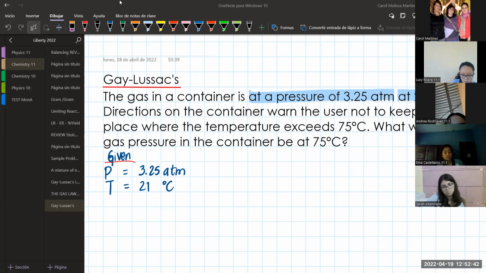Hypothetically, my final temperature, or my second temperature, is going to be 75 degrees Celsius. So this is my initial: my actual temperature is 21 and my actual pressure is 3.25.